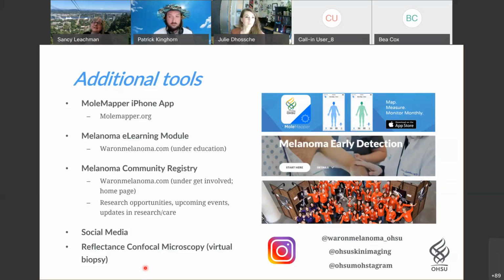And you can see at the cellular level, not quite as good as you could if you cut the skin out and put it on a microscope slide, but it's getting there. And you have a lot more information to help you decide if something is safe to leave and monitor or if something needs to be biopsied that day.